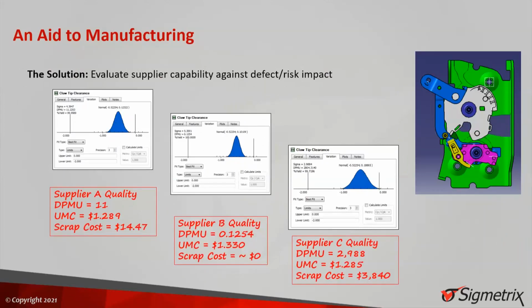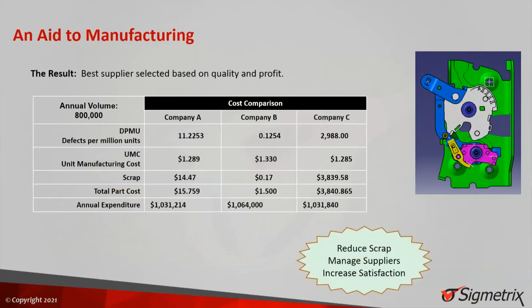So they use these tools to evaluate three suppliers based on their capabilities and qualities. So this is a table comparing suppliers A, B, C. So you got an equivalent to the total part cost here.